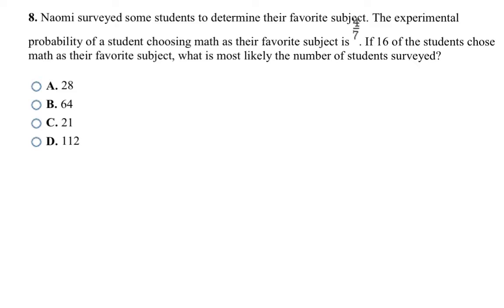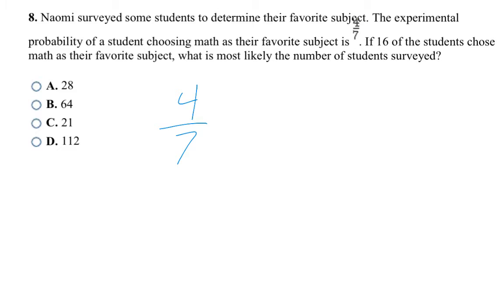This question says, Naomi surveyed some students to determine their favorite subject. The experimental probability of a student choosing math as their favorite subject is 4 over 7. If 16 of the students choose math as their favorite subject, what is the likely number of students surveyed? So here, to solve this, we're going to need to set up a proportion. So we have the probability of 4 over 7.